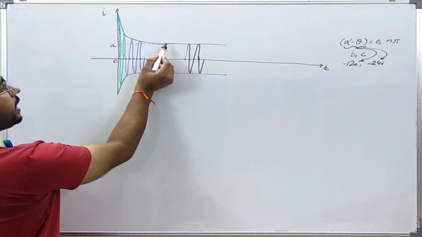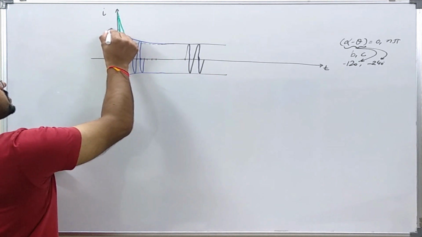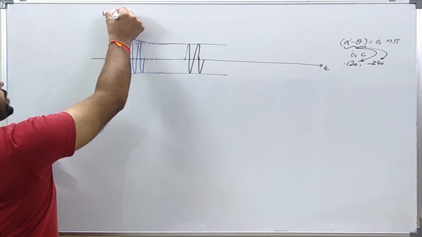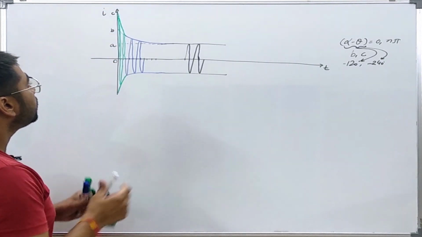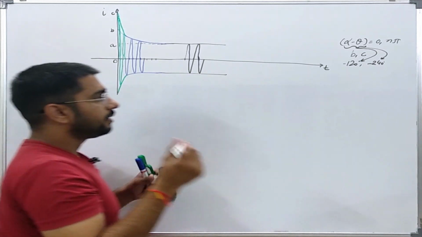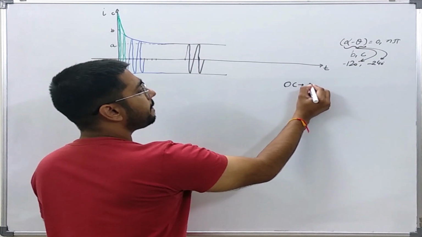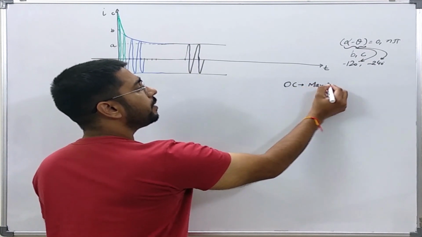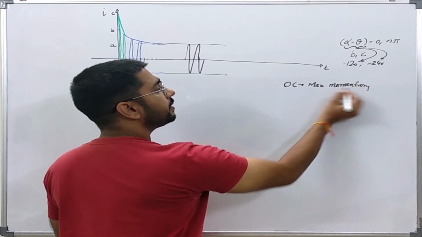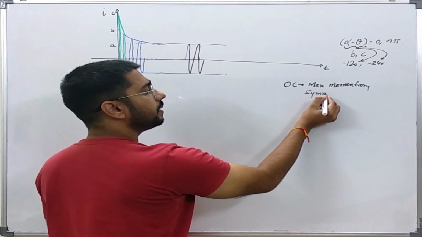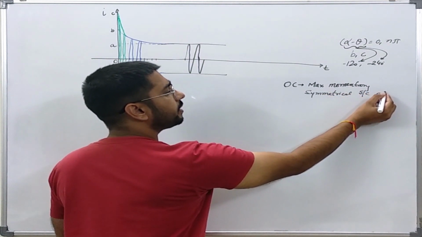If I extrapolate this blue decaying part, let us say this point is B and the maximum point is C. Then corresponding to these points we define OC as the maximum momentary symmetrical short circuit current.